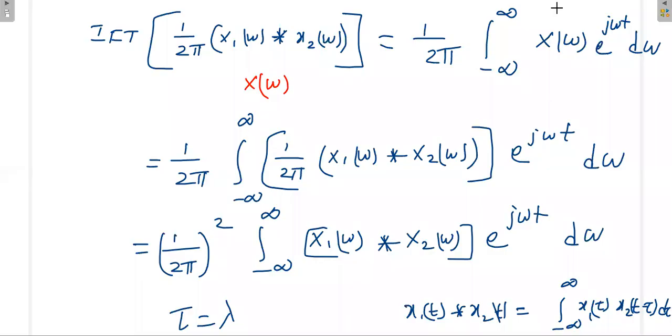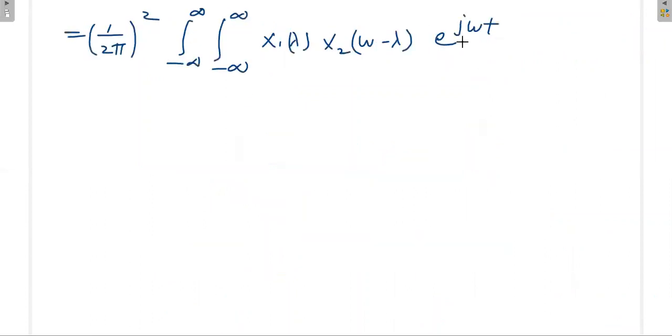Sorry, in the time domain we are getting d tau. So similarly in the frequency domain, instead of tau we are using lambda. So we'll be getting d lambda from this. Then e power j omega t, already d omega is there.